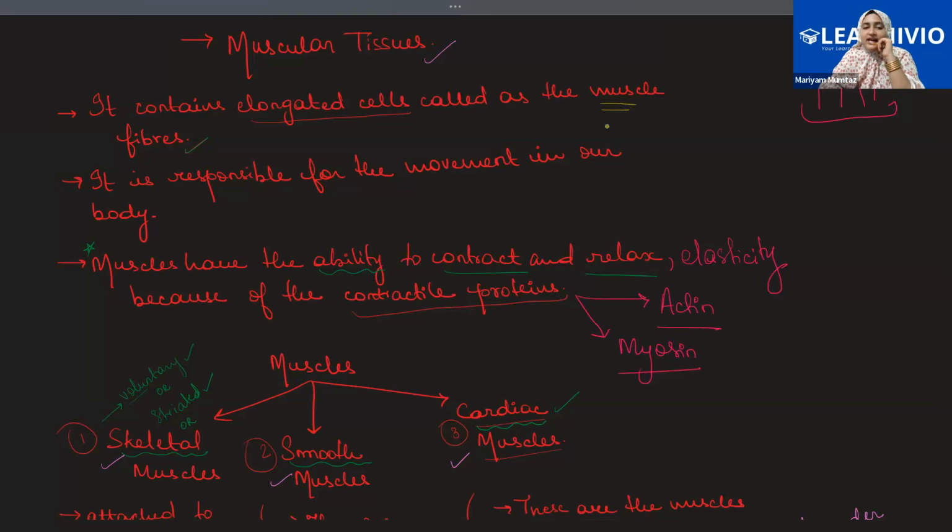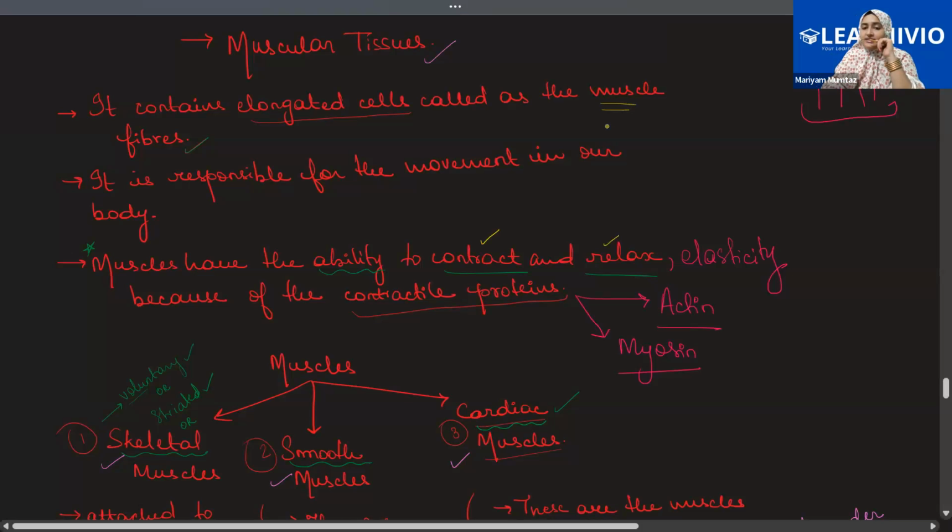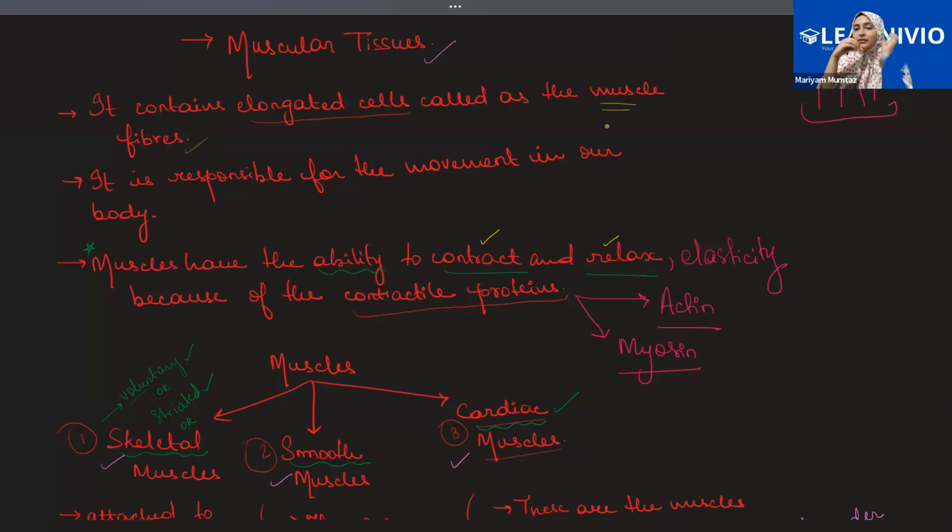Now, muscles have a very unique property: the ability to contract and relax. They have elasticity. I'll take one thing as an example. For example, you have something kept on the top shelf. What do you do to reach it? You stretch yourself, you pull out your arms to reach that thing, isn't it?